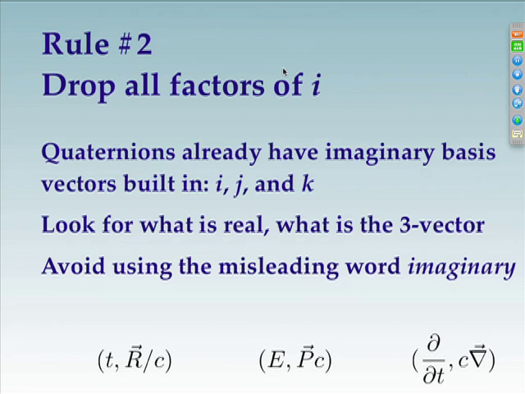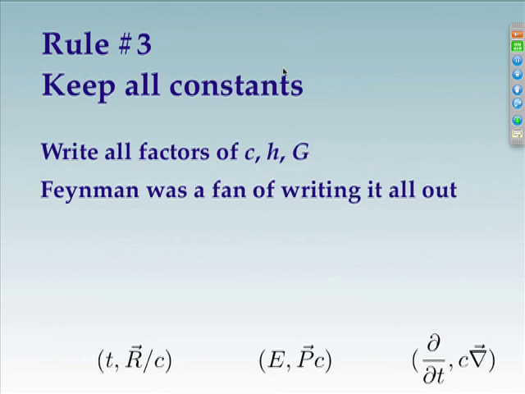Pretty remarkable. All right. So rule number 3: keep all those constants. Write all those factors of c, h, and G. Feynman was actually a big fan of this, and people today say, no, I'm going to use natural units, I don't have to write it out. So that's a kind of difference in attitude.